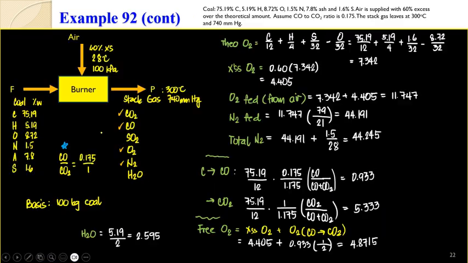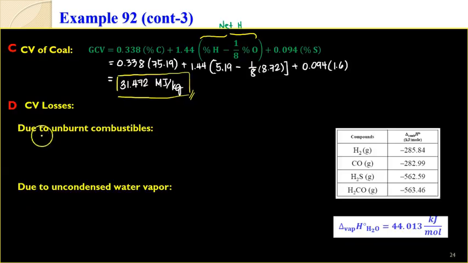Next is the percentage calorific value loss due to the unburnt combustible. When you look at this one, the only incomplete combustion is due to the carbon monoxide formation. So the percent CV loss due to the CO formation is equal to, in here, you're given the heats of combustion, so you get the negative of that.